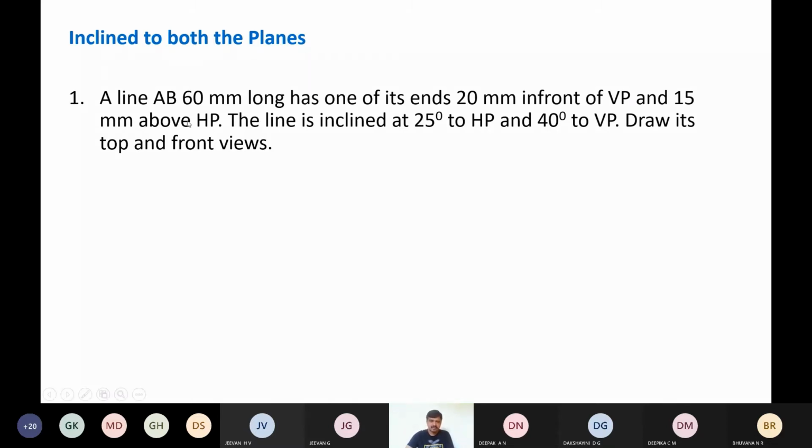Most of the time, whatever length is given, such as a line AB 60 mm long, is the true length. Suppose, since it is a problem inclined to both the planes, they give the top length, so the line has 60 mm length in the top view, that is the false length.